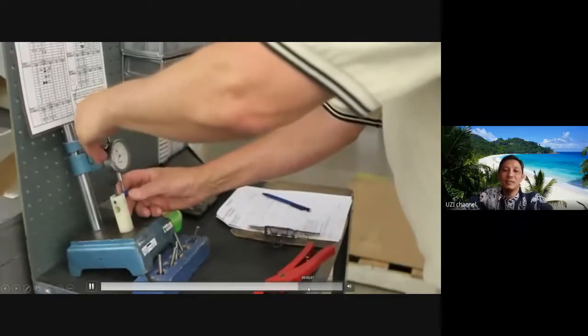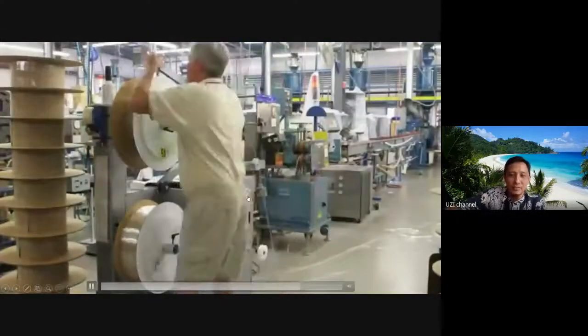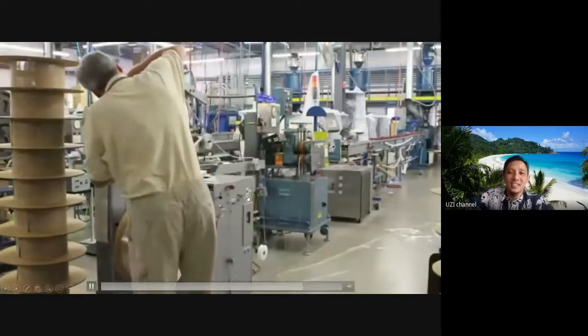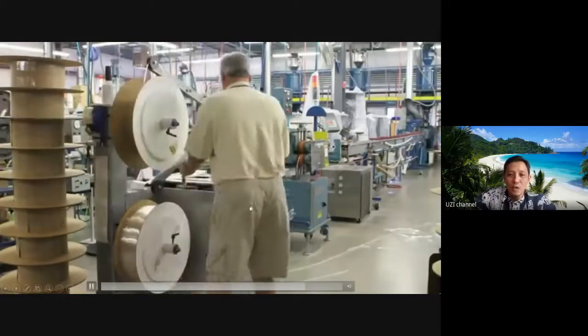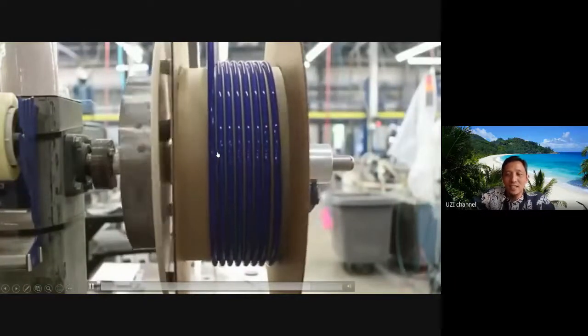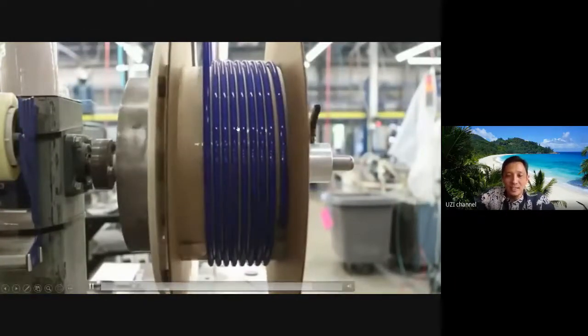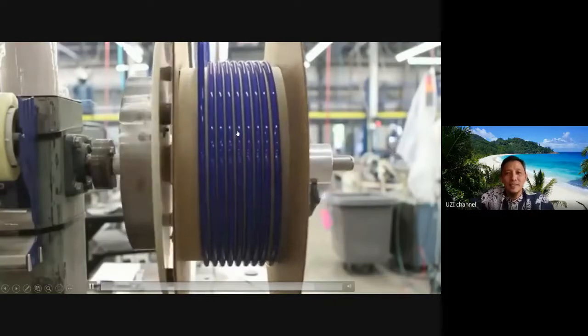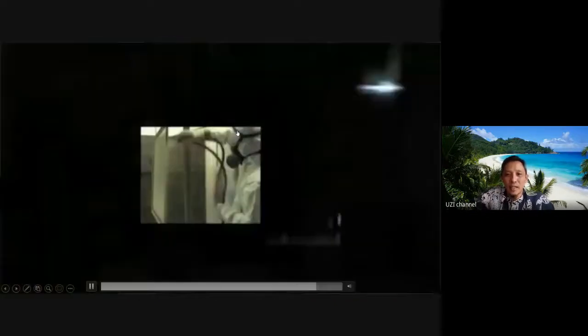The final product is calibrated for size, to see how homogeneous the size of the product is. And then the last step is winding up to store the product in specific packaging.